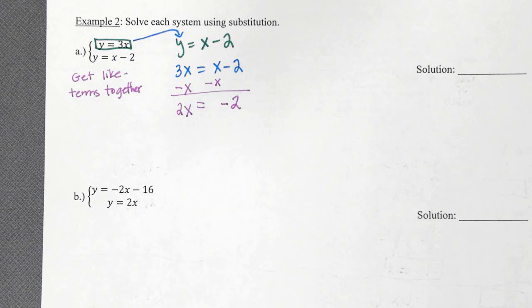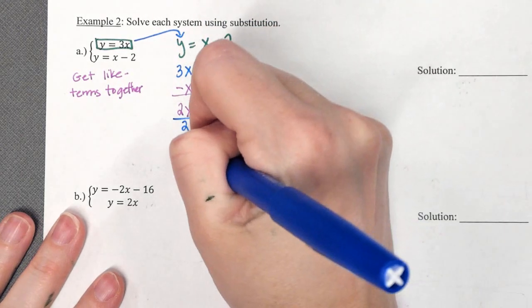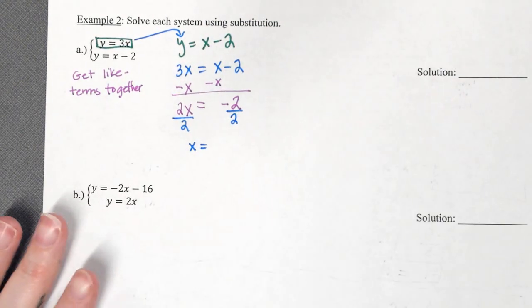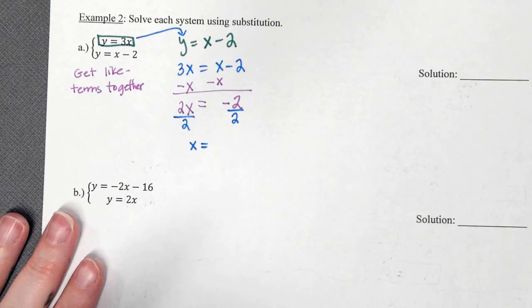All right, and then Keith, you want to tell me my next step after that? Great. Okay, and then Bree, what would you get for x if you divided negative 2 by 2?